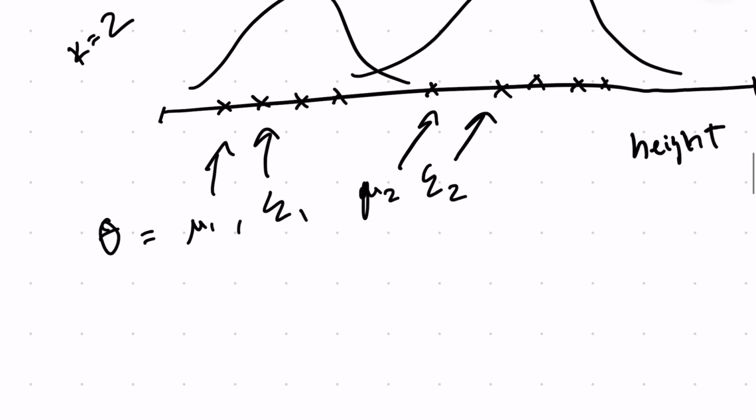And then we'll have assignments, like data point X belongs to class 1 or 2. But we'll also have something richer than that. We're going to know the probability that each data point belongs to either class. So it'll be like 0.3, 0.7.